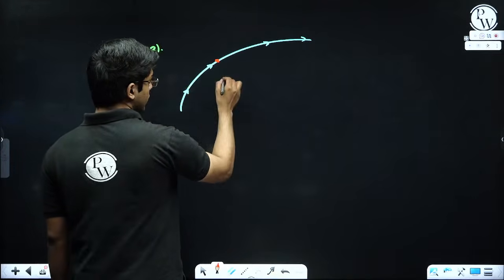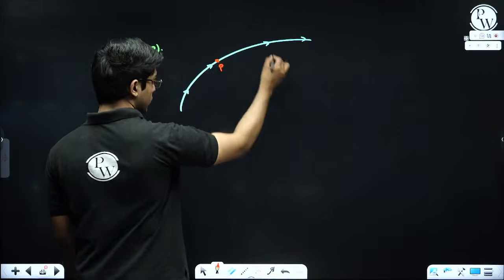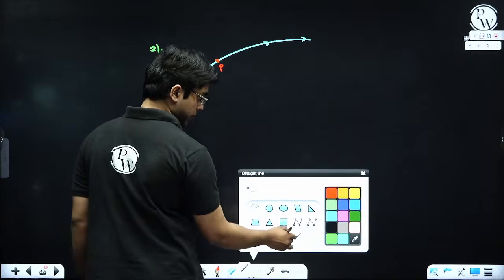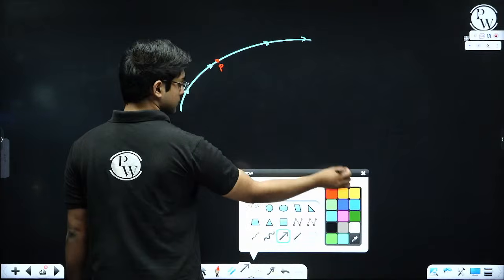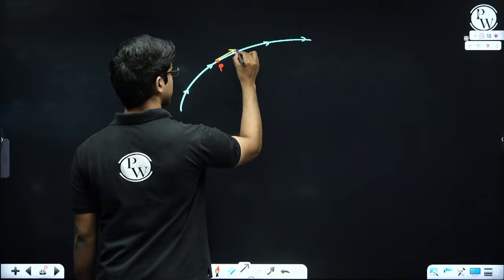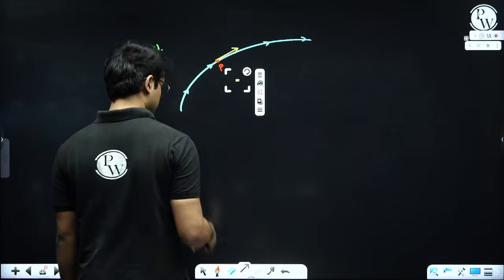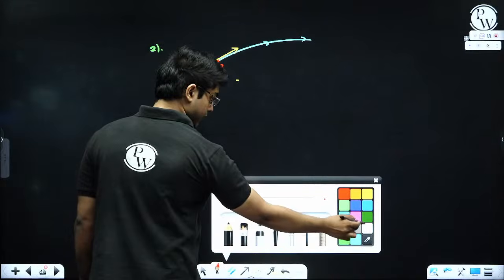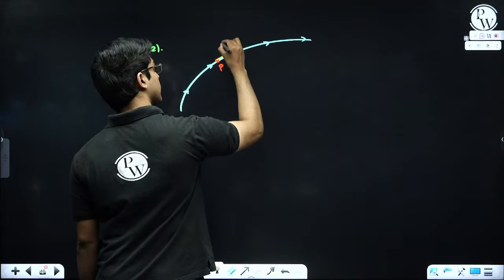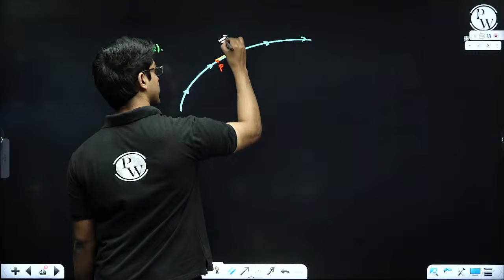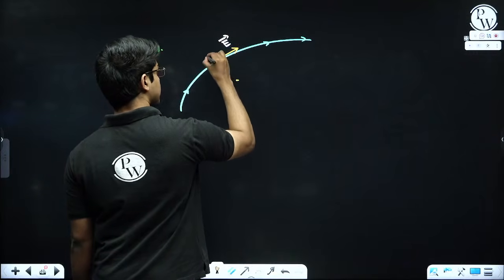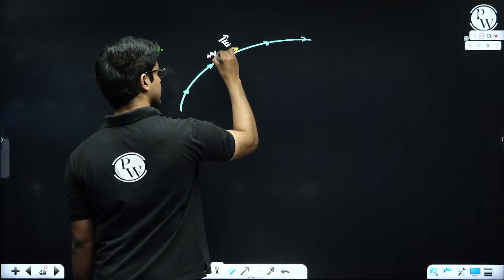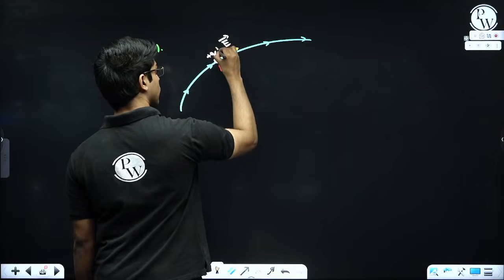All I have to do is draw a tangent to this line at this point P. That will be in this direction. This is going to be the direction of the electric field. If you place a plus Q charge exactly at this location, it will feel a force in this direction.